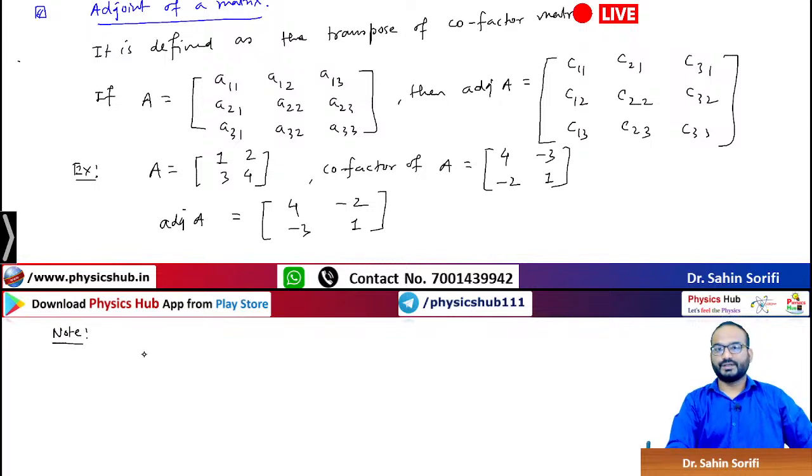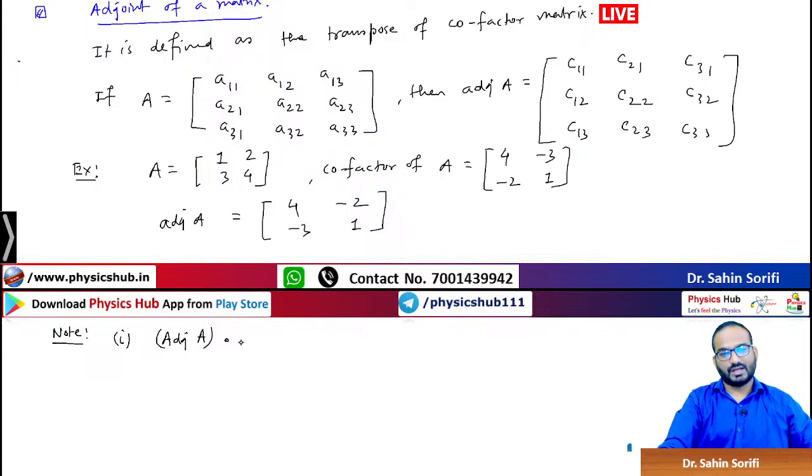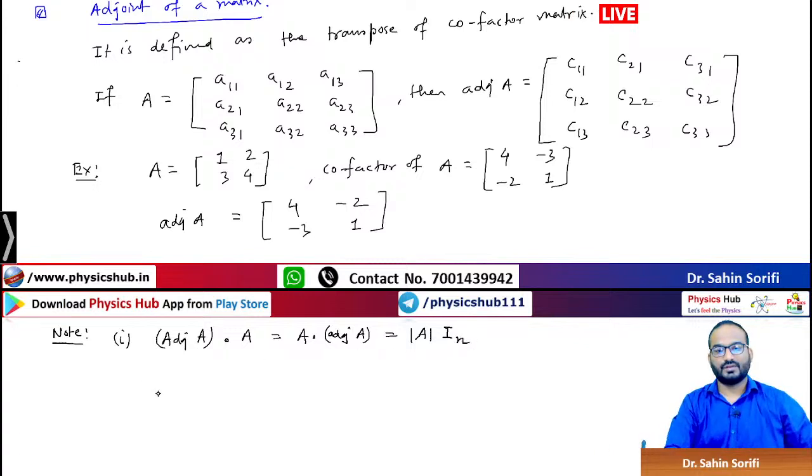Let's talk about the properties of the adjoint of a matrix. First of all, adjoint of A times the matrix A equals A times adjoint of A. This will be the determinant of A times the n by n identity matrix.